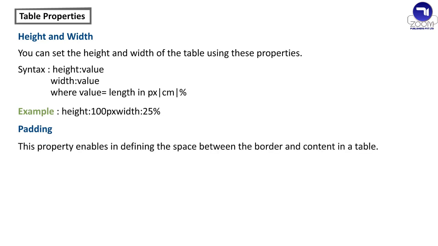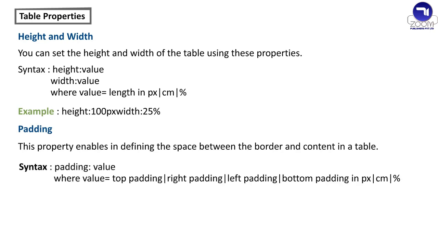Padding. This property enables defining the space between the border and content in a table. Syntax: padding: value, where value is equal to top padding, right padding, bottom padding, left padding in pixel, centimeter, percentage.